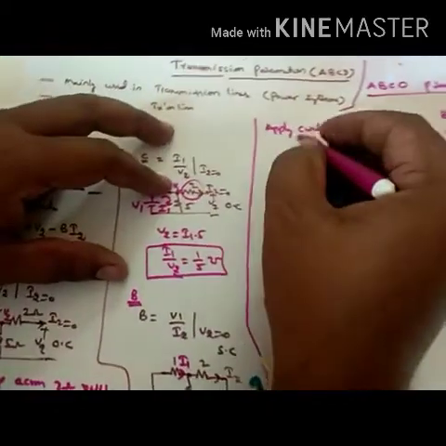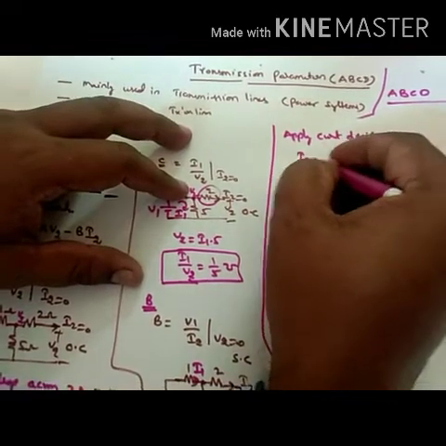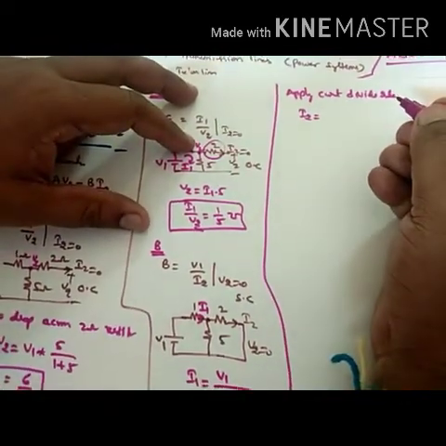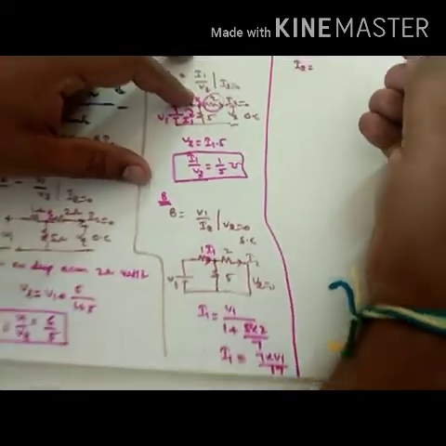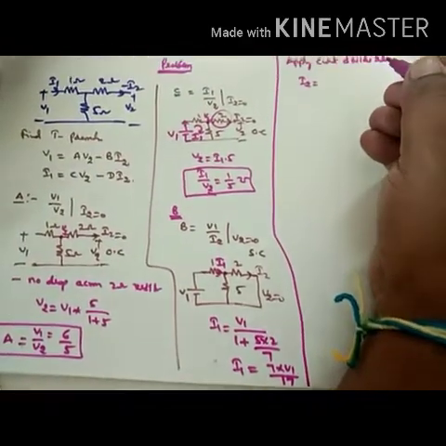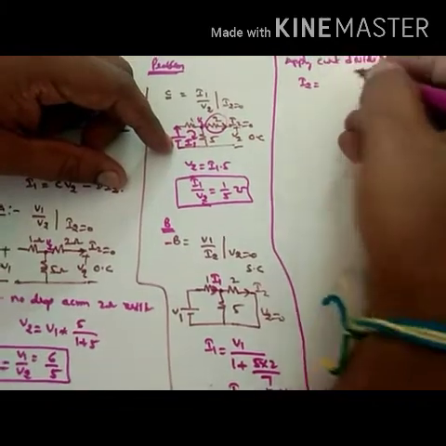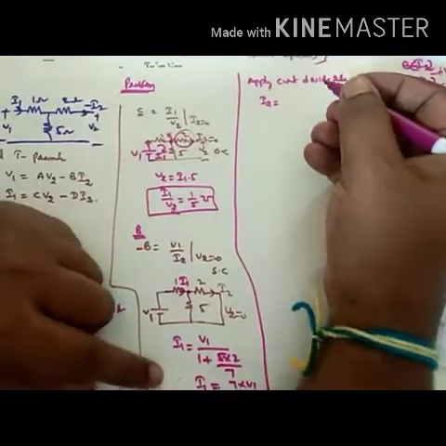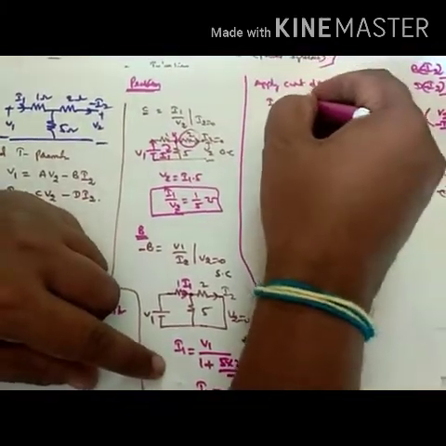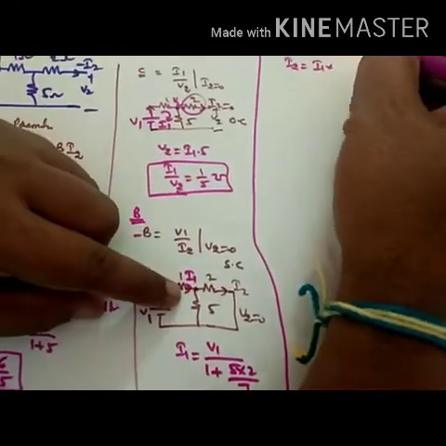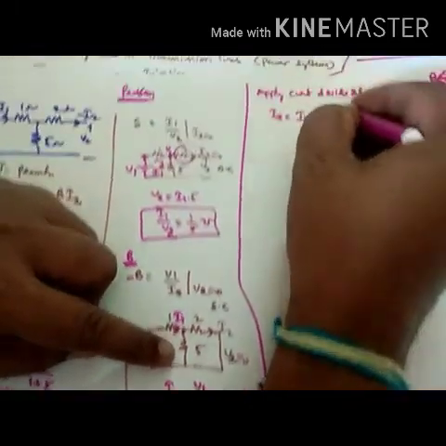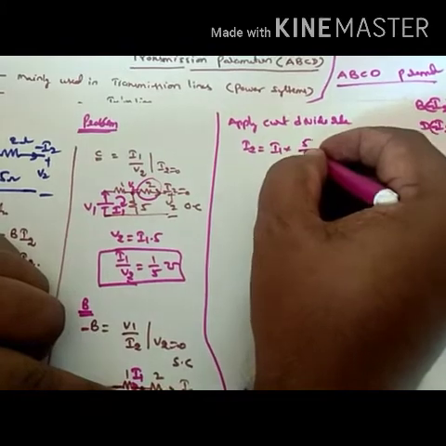So what is I2? We are already considering the minus sign in B, so no problem. I2 is equal to I1 into the opposite resistor by the total resistor.